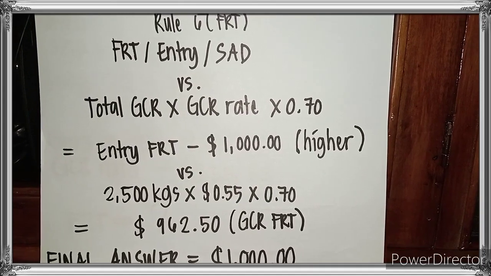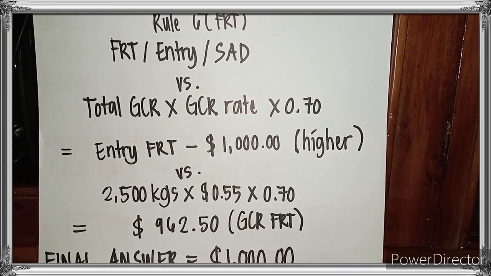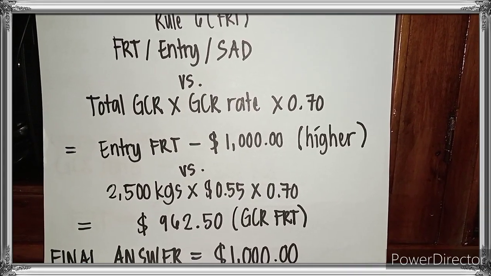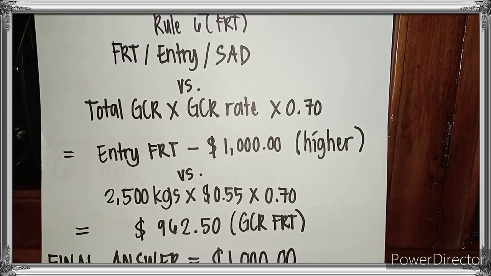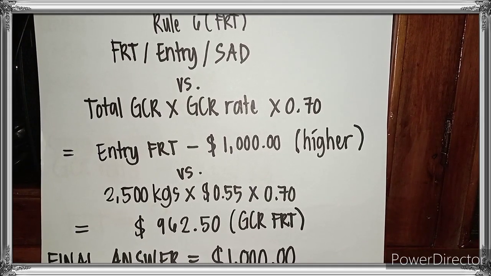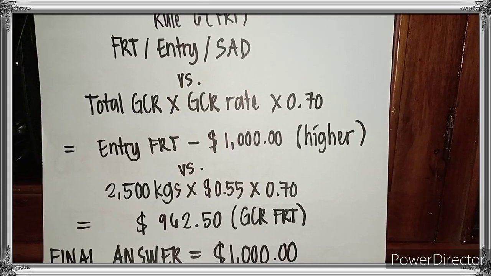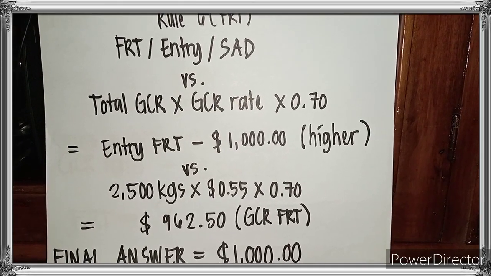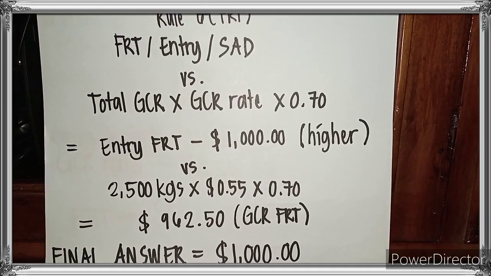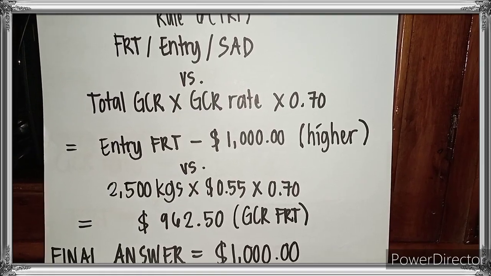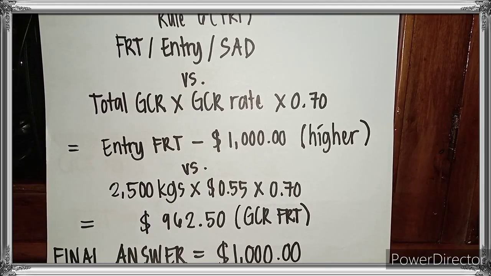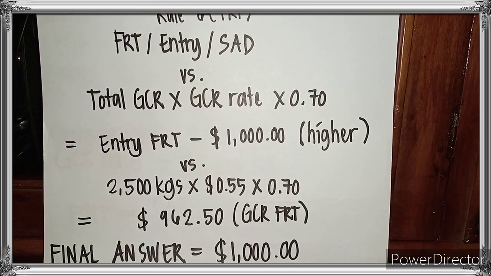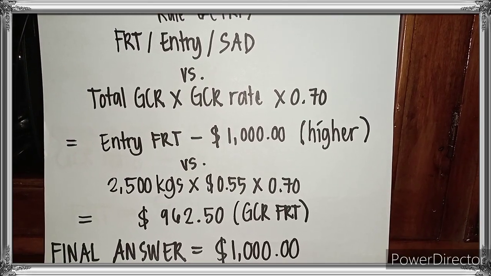As you can see, we have the general rule, which is whichever is higher between the freight entry or the freight in the SAD versus the total gross weight times the gross conference rate multiplied by 0.70. So as a rule, we need to take whichever is higher.